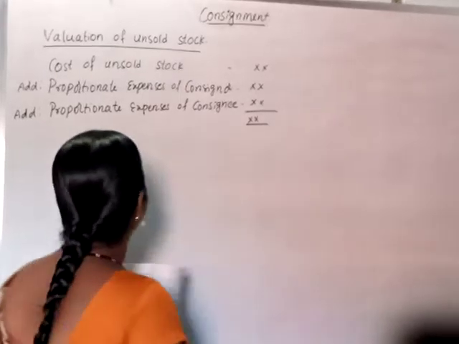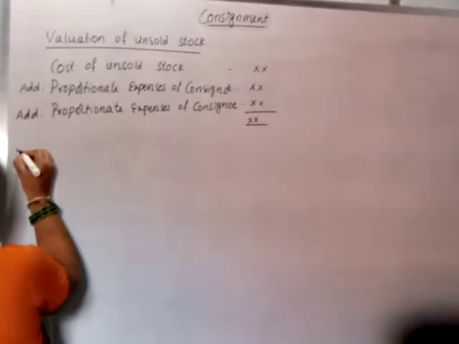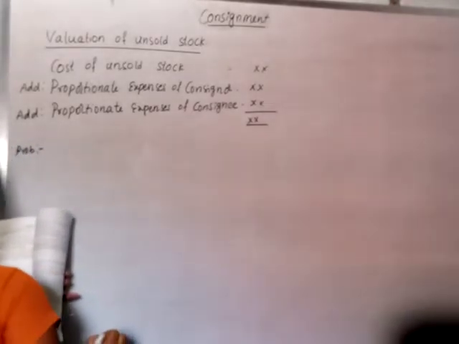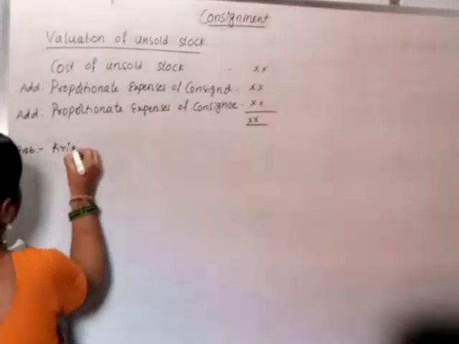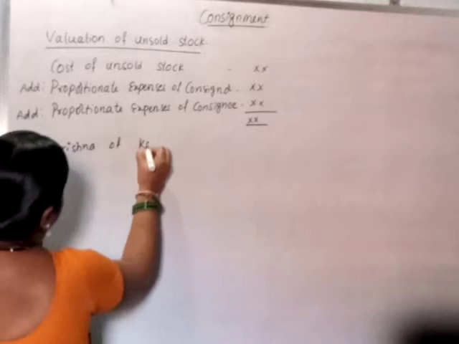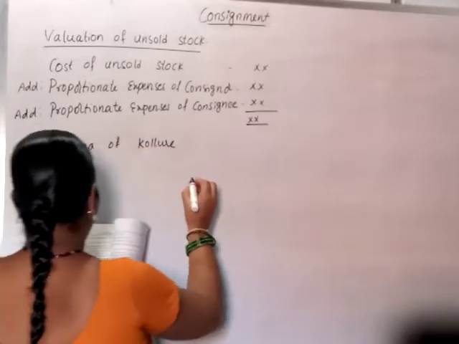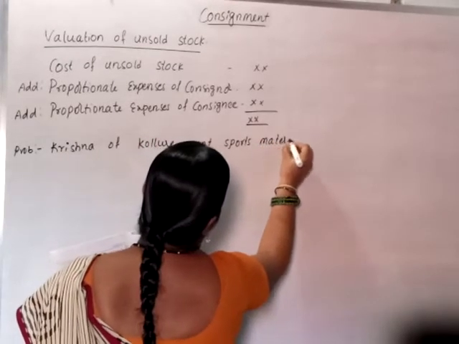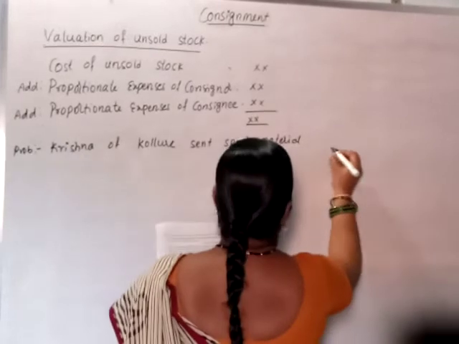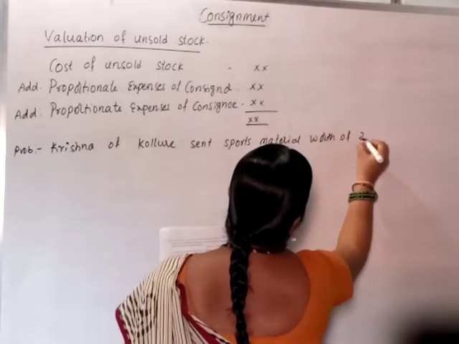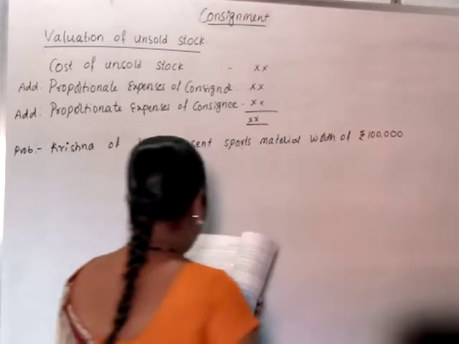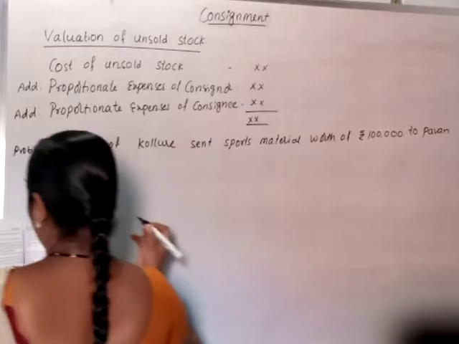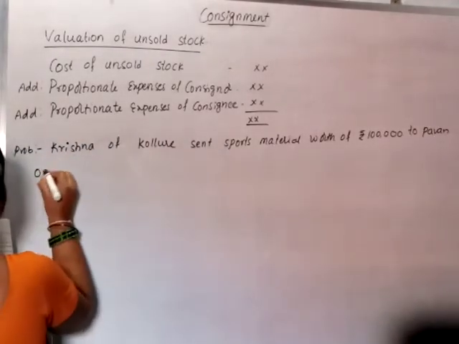See the problem now. Krishna of Kollur sent sports material worth rupees 1 lakh to Pawan on consignment.